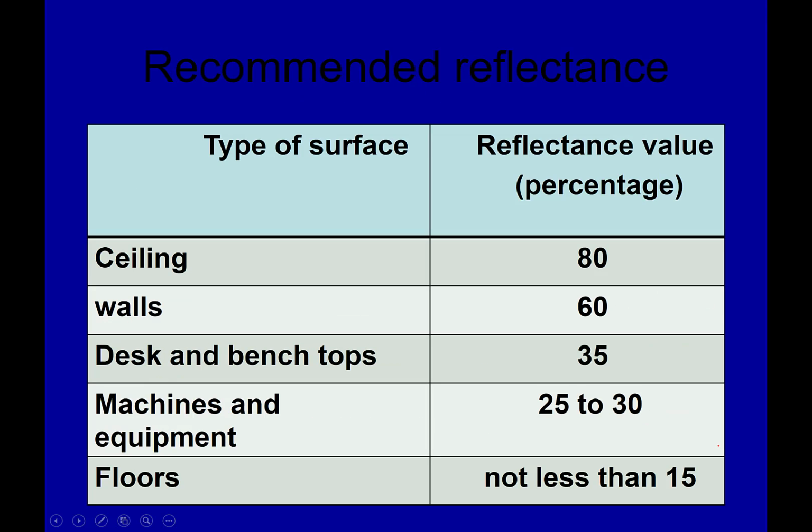This is about the reflectance that is recommended, so that whatever the light source is there, that is used efficiently. Like the ceiling reflectance 80, wall 60, desk and bench tops 35, machines and equipment 25 to 30, and floors not less than 25.